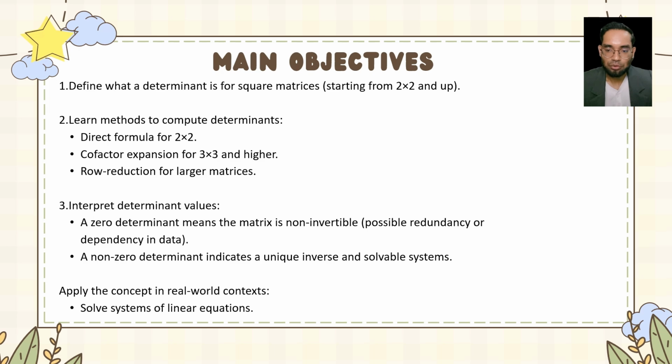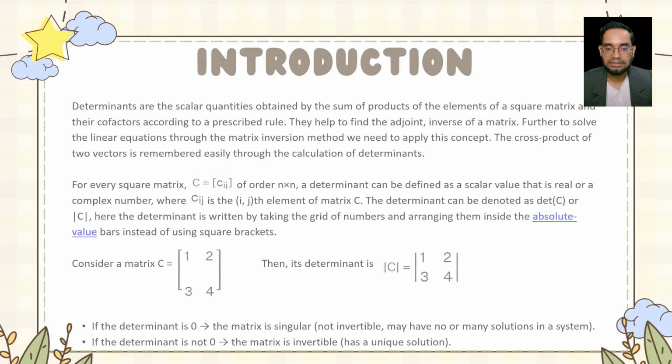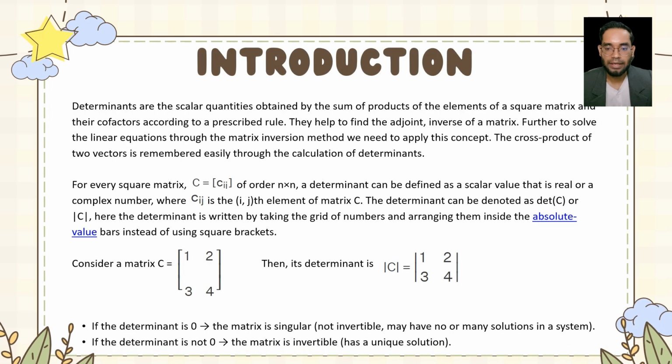A determinant is a scalar quantity obtained by a sum of products of the elements of a square matrix and their cofactors according to prescribed rules. In other words, for an n times n matrix, there is a rule involving cofactors that yields a single number. Determinants help to find the adjoint and inverse of a matrix.